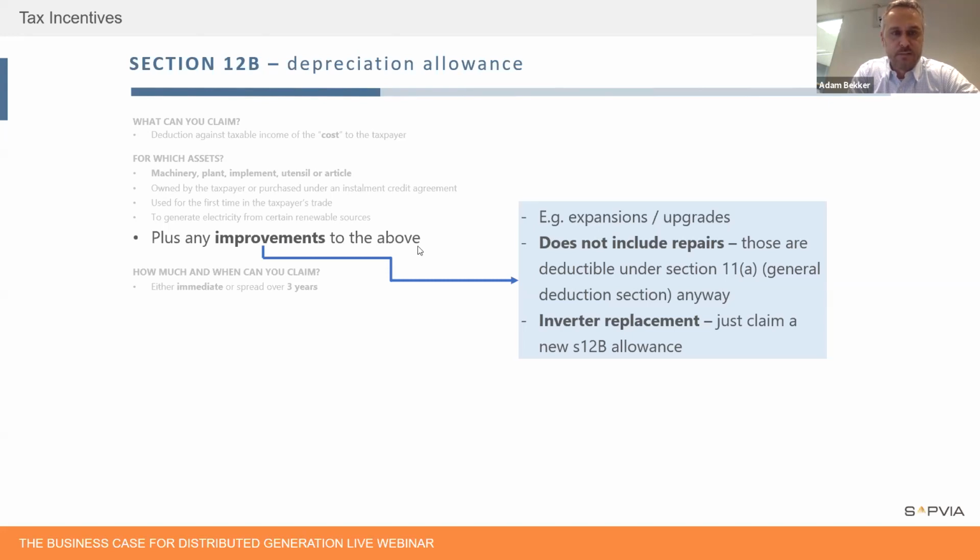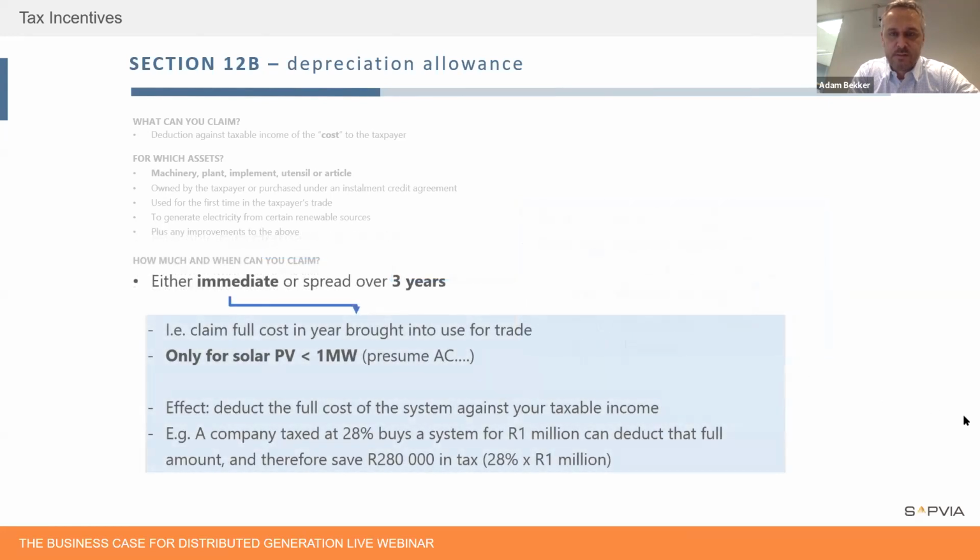We can move to the next slide. And then the important one is, how can you claim this deduction? And here there's a special benefit for smaller scale PV plants. So any PV plant under 1 megawatt of installed capacity.